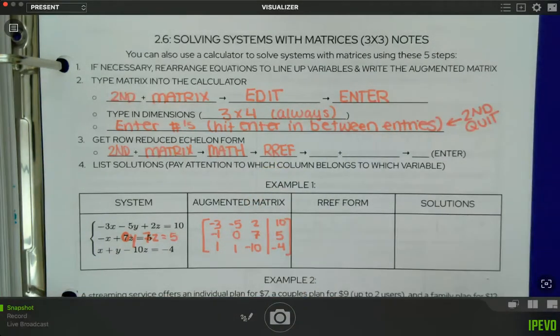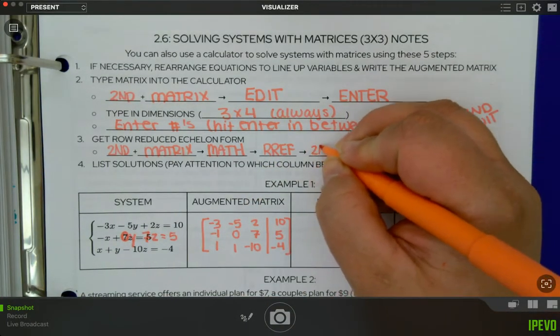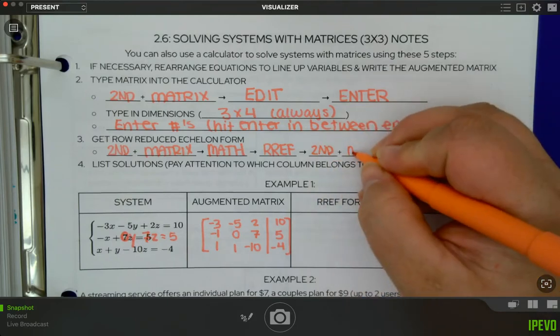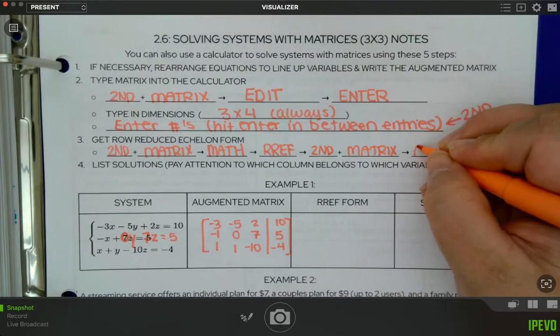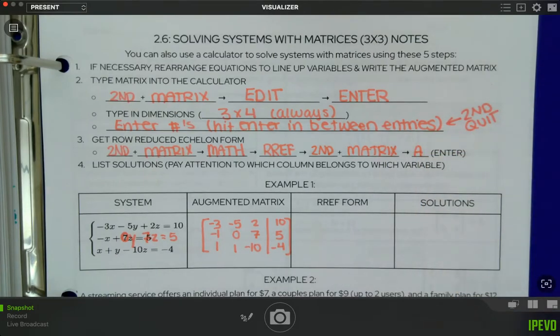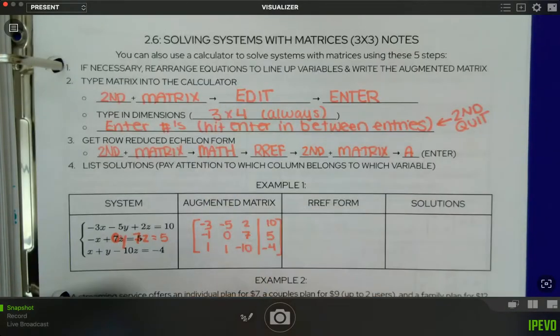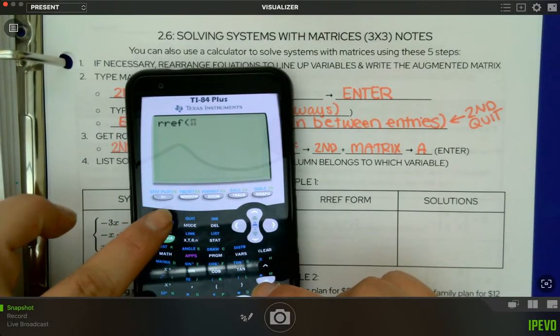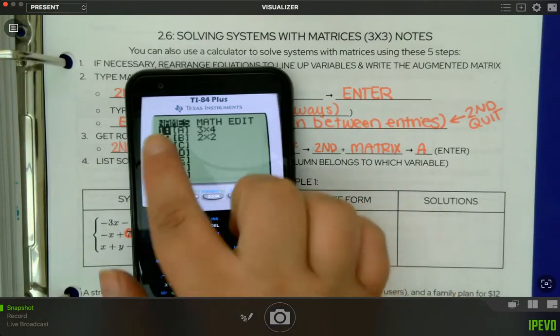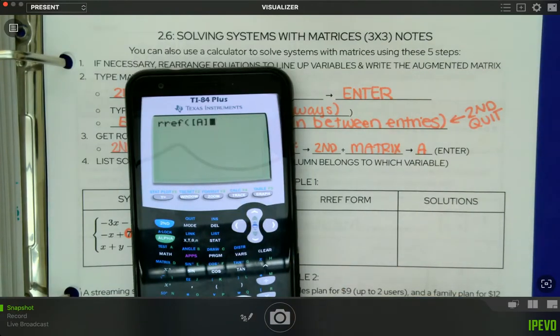Then you have to go to second matrix again and pick A, because that's where we typed in our matrix. So it shows up like this, and we go second matrix, and I'm already on A, so I'm just going to hit enter.